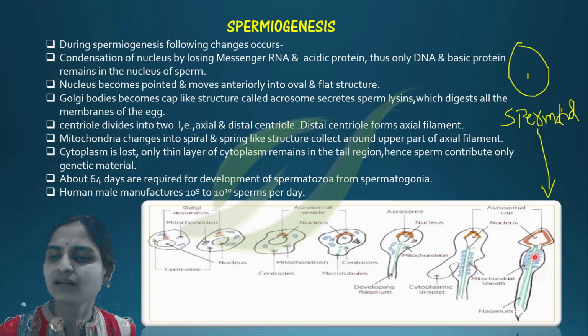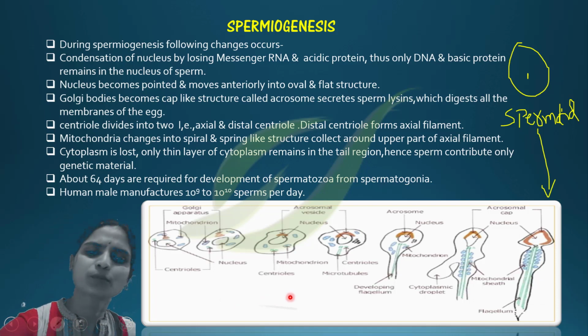There will be only a little thin part of cytoplasm, present in the tail part. Hence, we can tell that the sperm will contribute only genetic material.